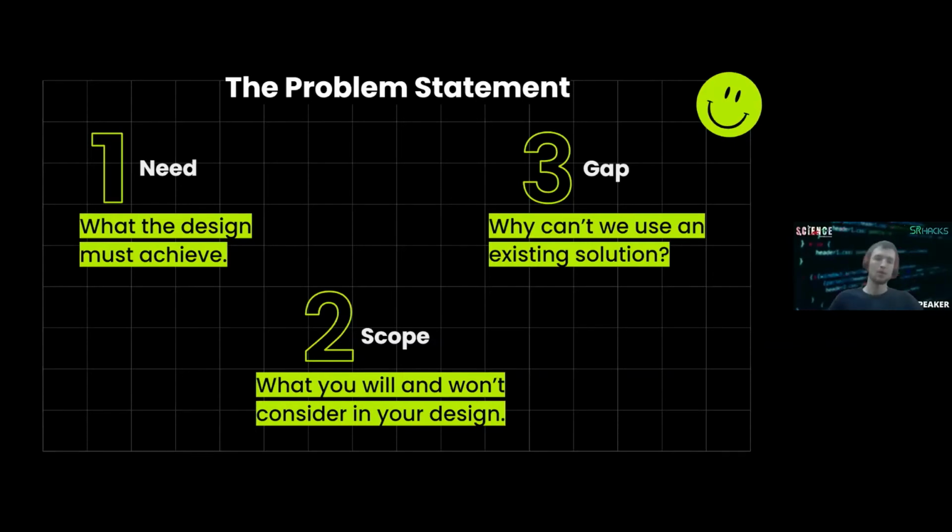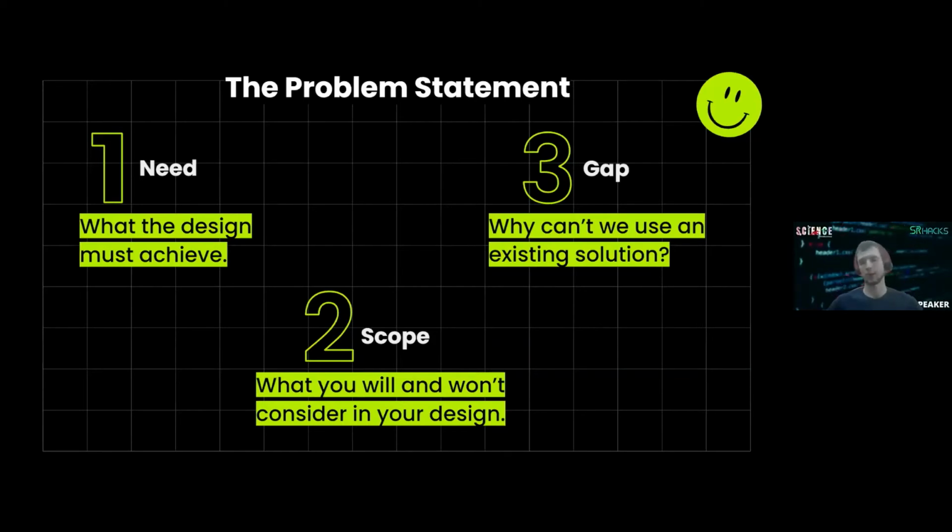And third, and probably most confusingly, the gap. This is just why you're making the design in the first place. If you, as an engineer, make a solution for a problem that doesn't exist, no one is going to use it. And the gap is kind of like a check to see whether or not you're designing for a problem that doesn't exist.